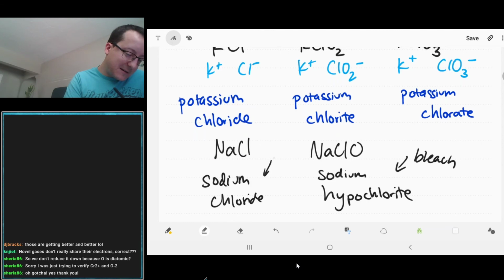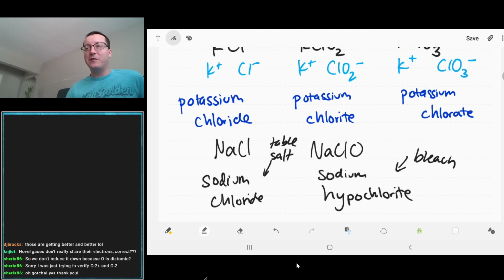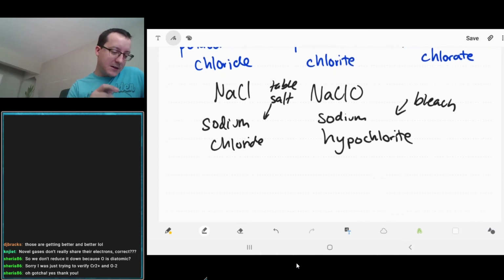This one is table salt, right? You eat your table salt, you'll be fine. You eat your bleach, you die. So it's very important that we know how to name these properly, because if you're messing with the wrong compound, bad things could happen. So that's why we're doing this. That's why we're going to spend a lot of time doing it too.